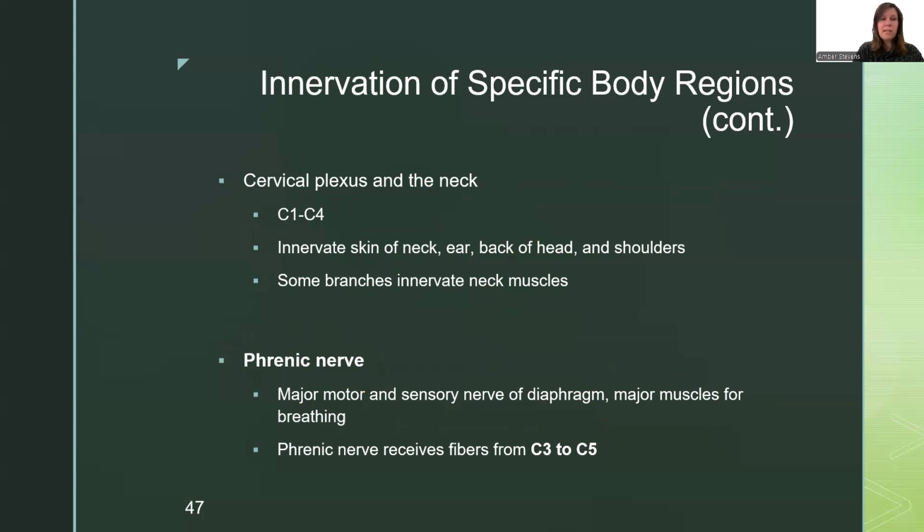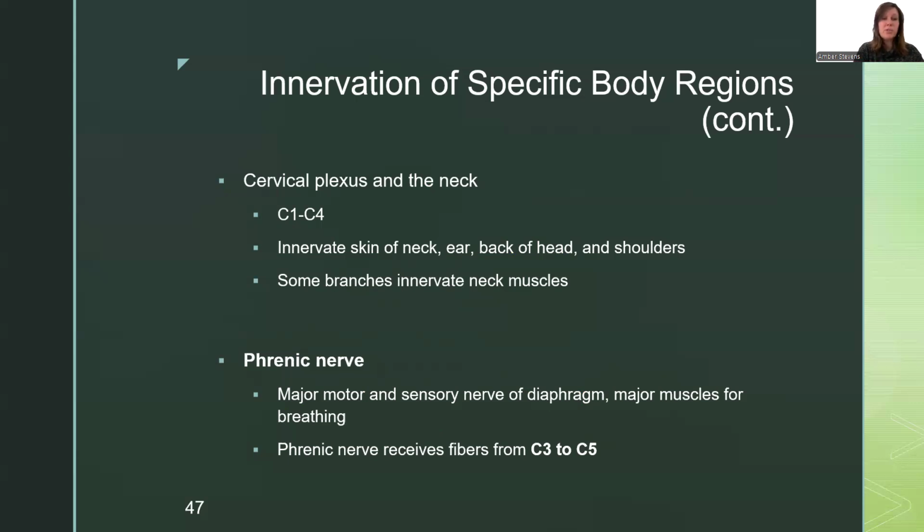All right, so here we're looking at the cervical plexus in the neck. This is spinal nerves C1 to C4. It innervates the skin of the neck, ear, and shoulders, and the muscles of the neck. A critical component is the phrenic nerve, which receives fibers from C3 to C5. This controls our diaphragm, which is the primary muscle to help us breathe.